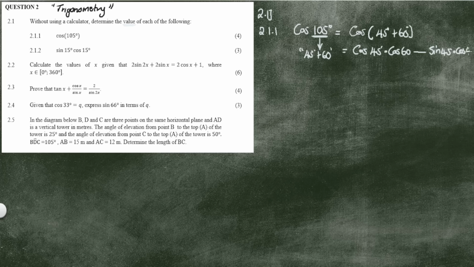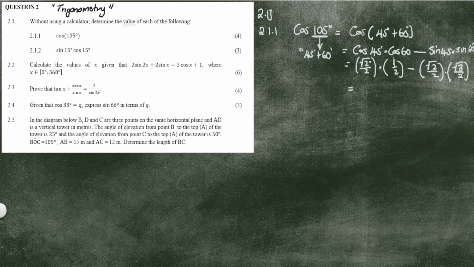multiplied by sine 60. So cos 45 is square root 2 over 2, of course using a triangle, and then cos 60 is a half, minus sine 45, which is square root 2 over 2, multiplied by sine 60, which using our special triangles is square root 3 over 2.